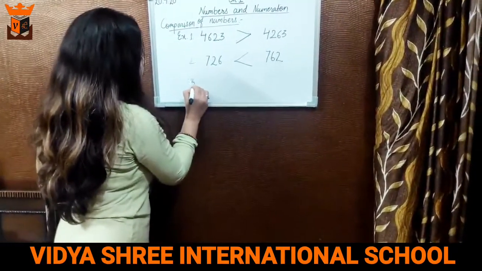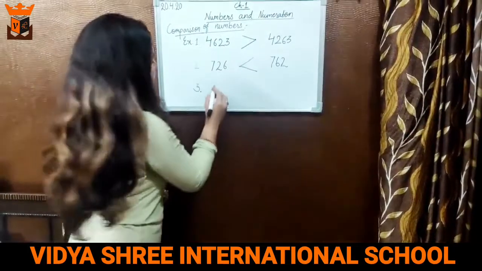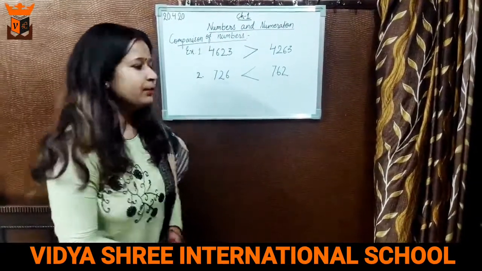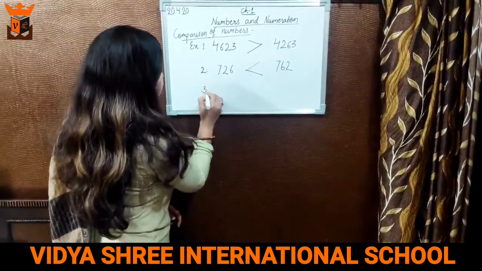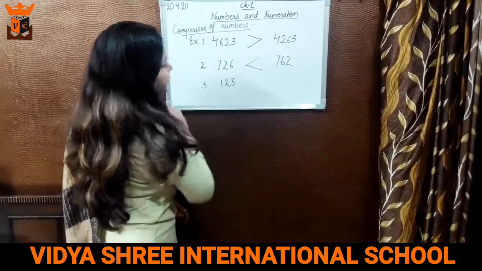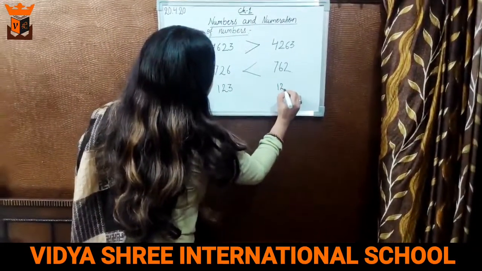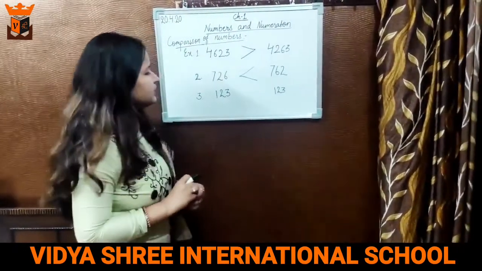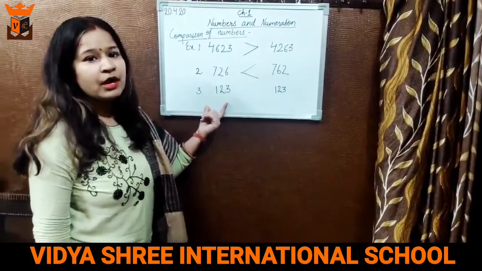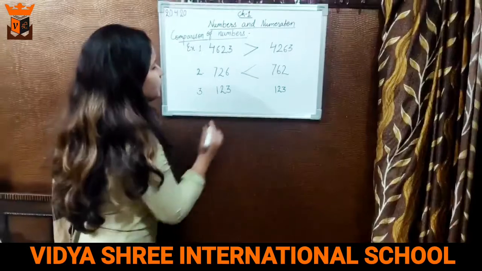And third, when the numbers are equal. Let us take another example. Example number 3. Suppose I am taking a 3-digit number, 1, 2, 3. As you can see, in both the numbers the number of digits are the same and the numbers are also the same.